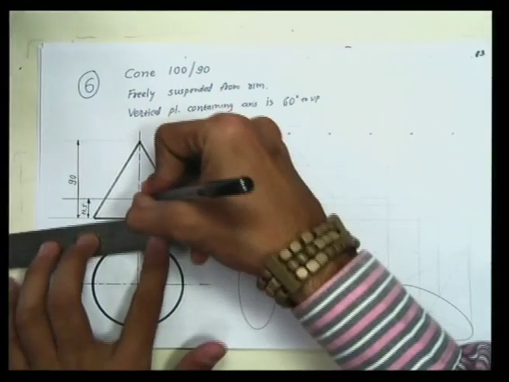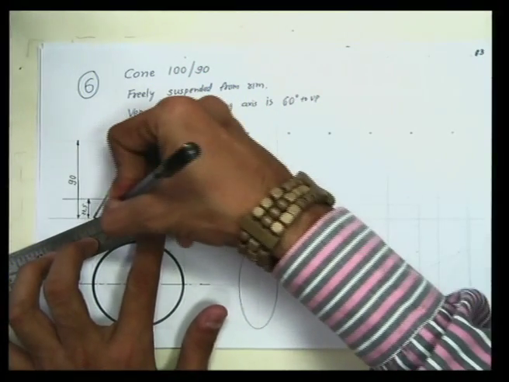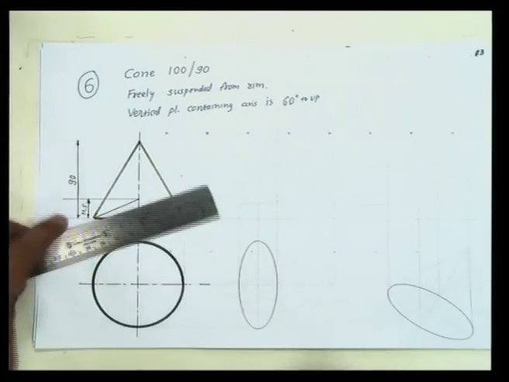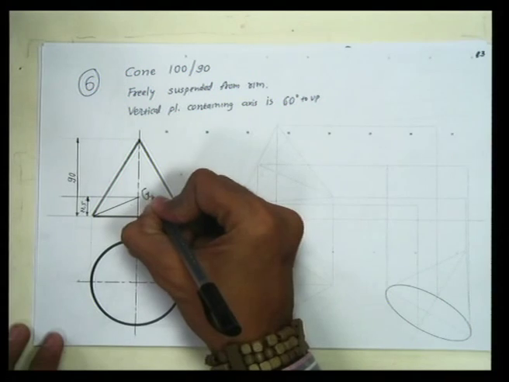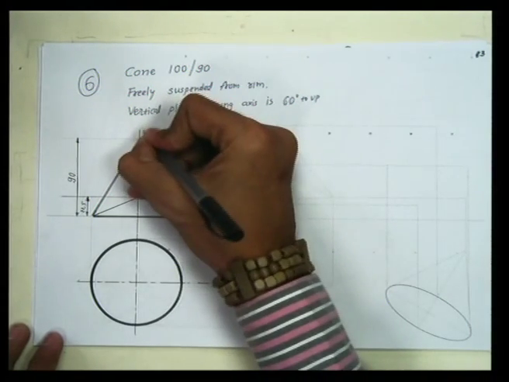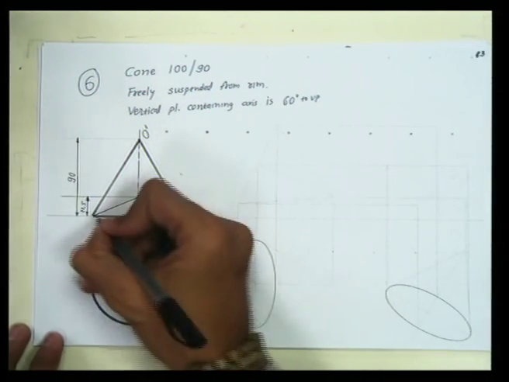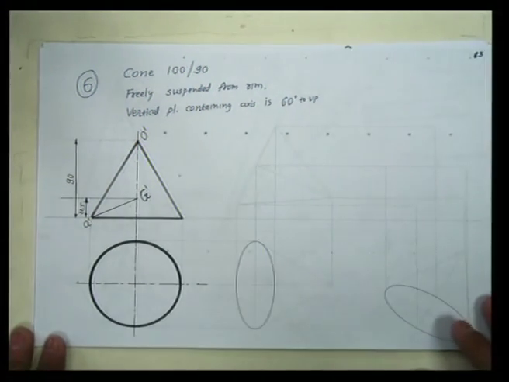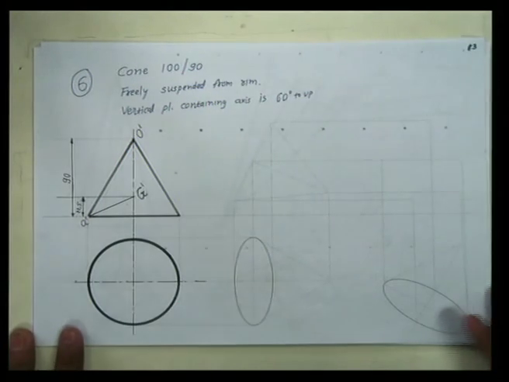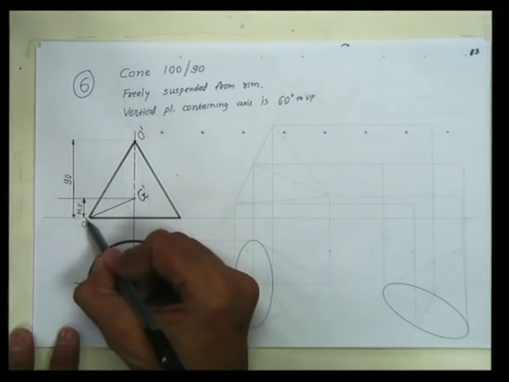So mark here a point CG and join that CG with this corner like this. You can name this CG as point G dash, apex point O dash, and here is point A or A dash. Right? Now we have to suspend this solid from this point A dash.